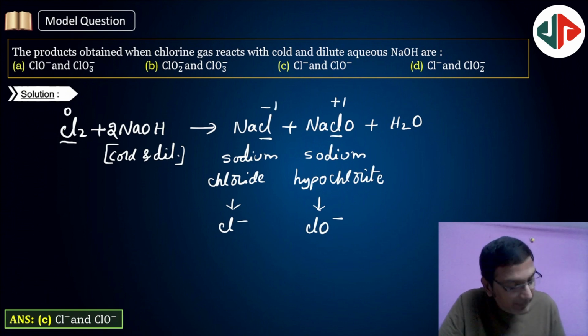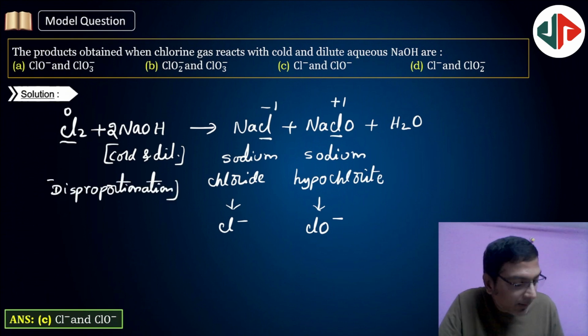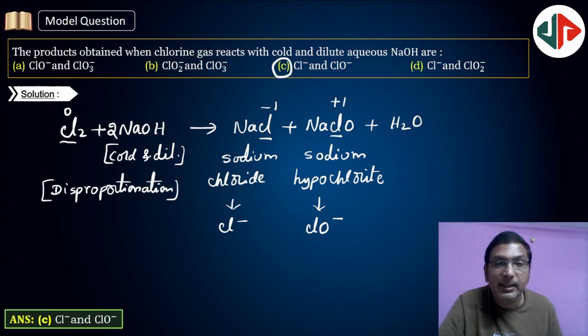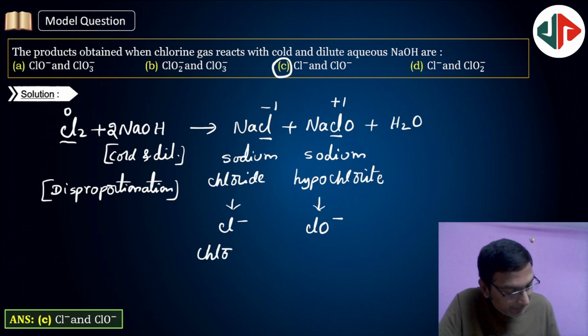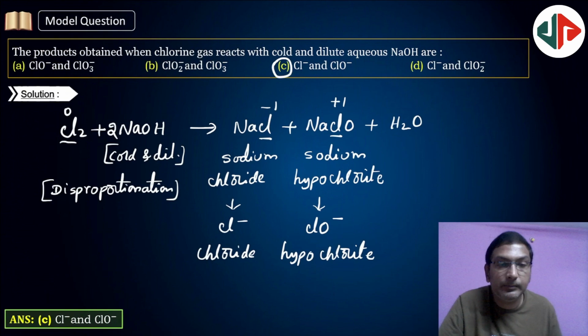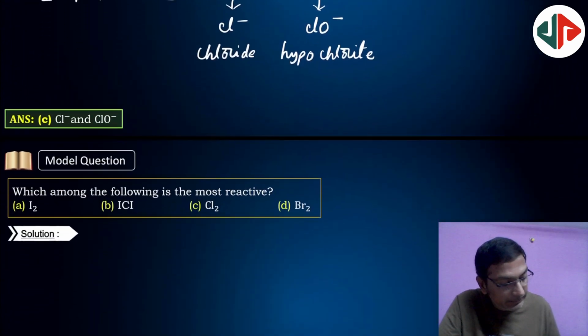So best example for disproportionation. So therefore option C. Cl minus and ClO minus. Chloride and hypochlorite. This one chloride and hypochlorite ion. Next.